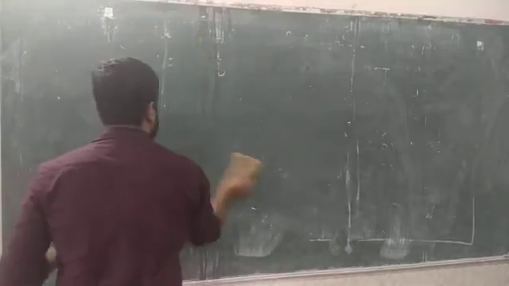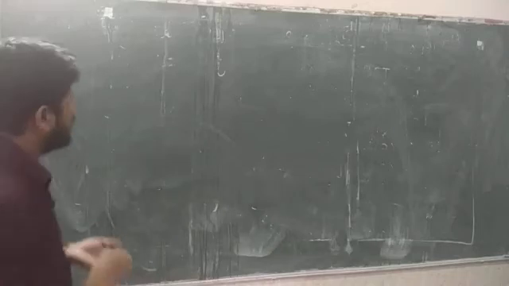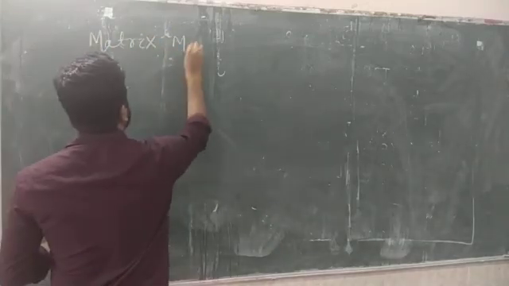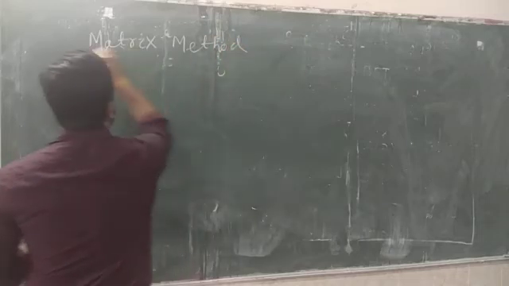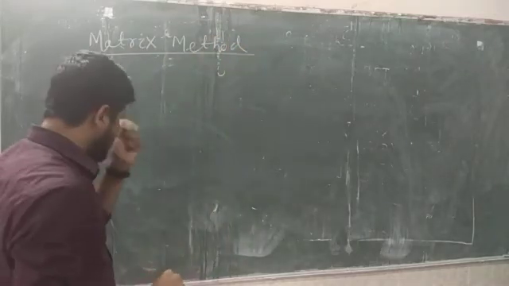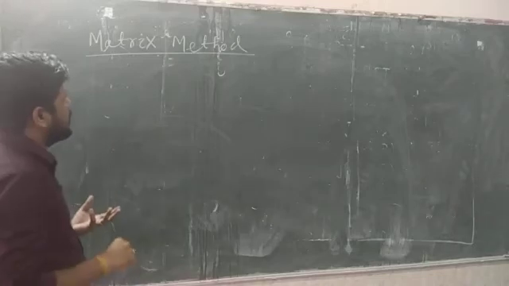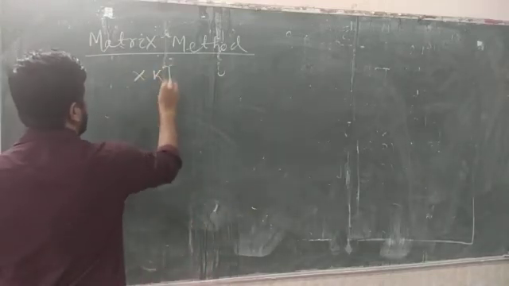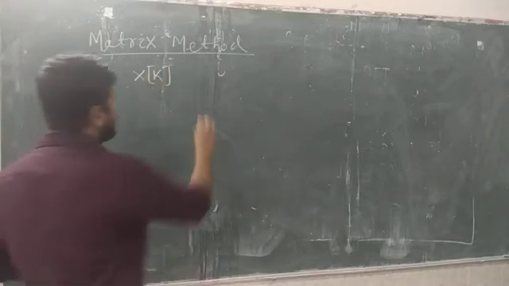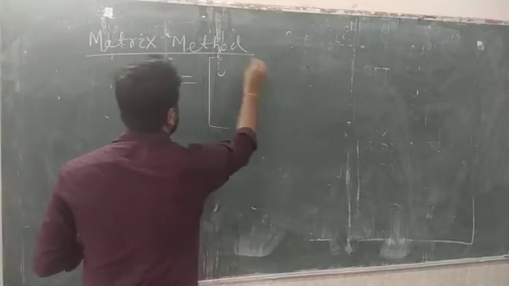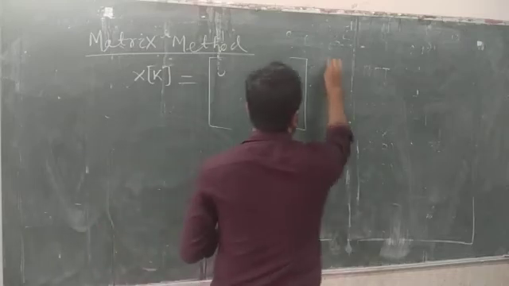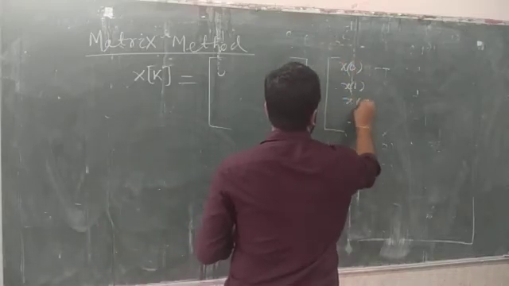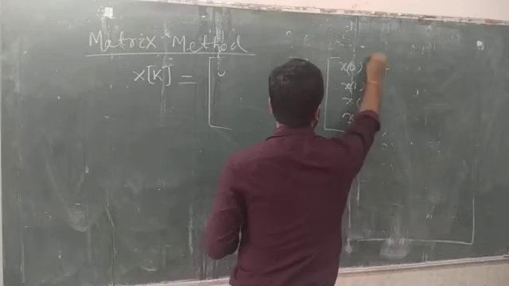You can solve the DFT by using two ways. The matrix method: first of all, for the 4-point DFT, we have to form a 4 cross 4 matrix. X of k is what you want to find, and you form that matrix, and then we have the signal x of 0, x of 1, x of 2 and x of 3 given to you.